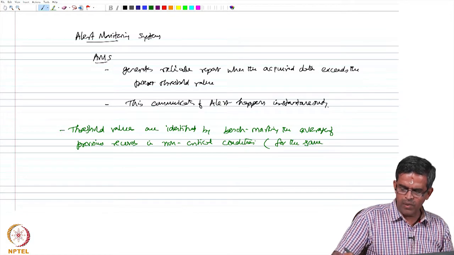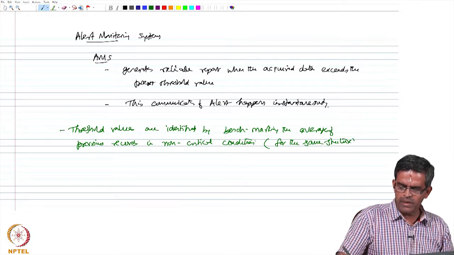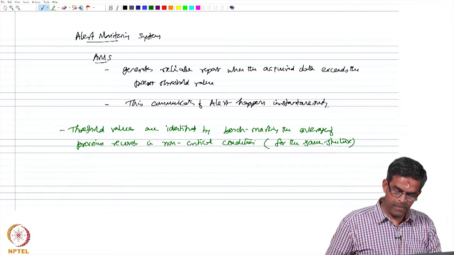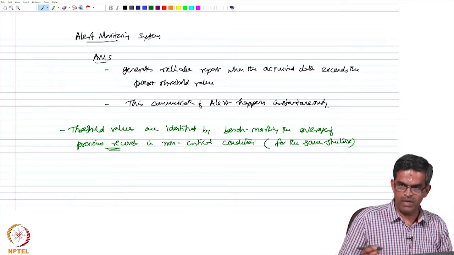So, you keep on acquiring the data in a non-critical stage, the average of the previous records will be considered as a threshold value.